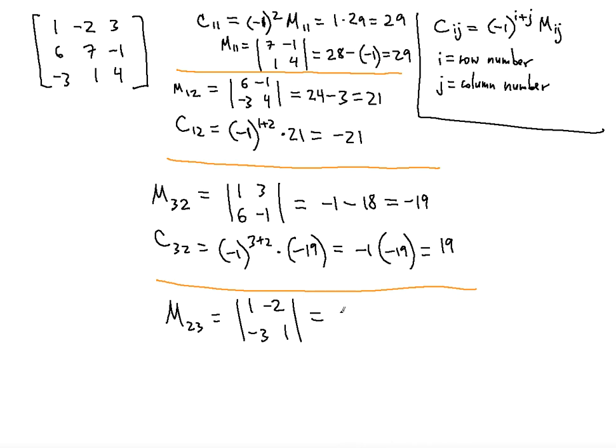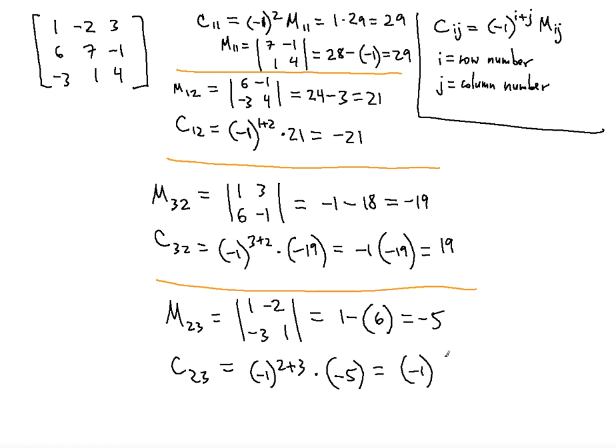The determinant is 1 minus the product, which is 6, so negative 5. So the cofactor of the second row and third column is going to be negative 1 to the power of 2 plus 3 times negative 5. And that's going to be negative 1 times negative 5, which is 5.